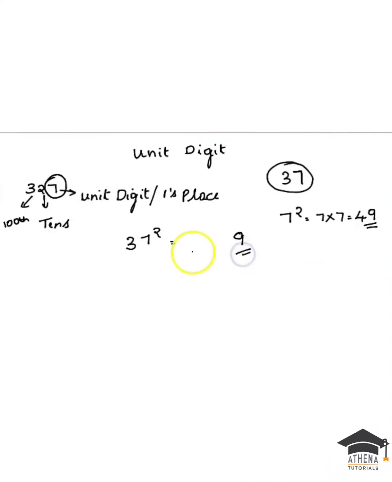Whatever answer we get, the unit digit will always be 9. How did I get this? First we need to find the unit digit and find the square of the unit digit. Whatever number we get at the end, that will be the unit digit of this entire number, 37. Let's see whether it's correct or not.